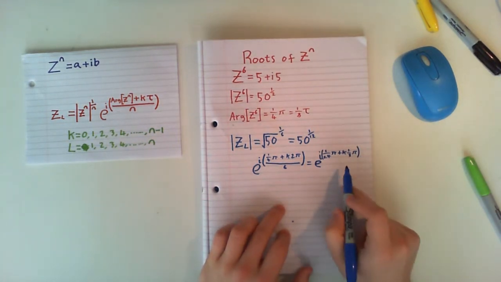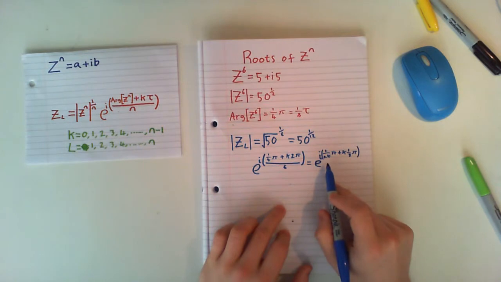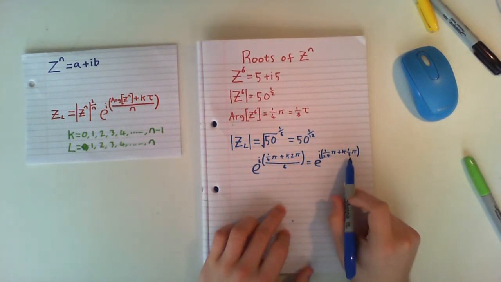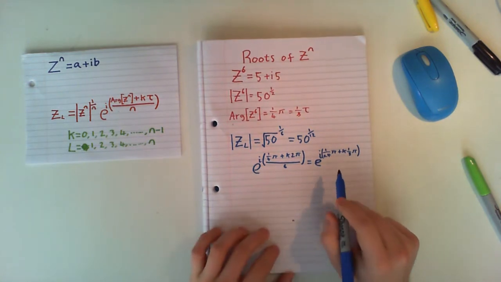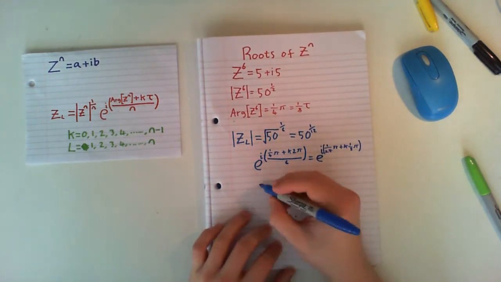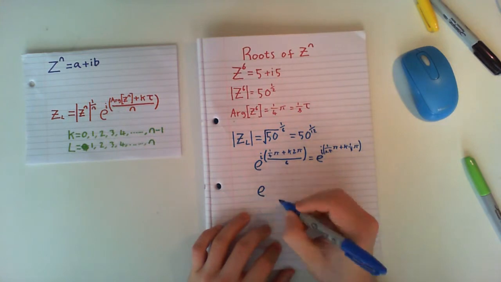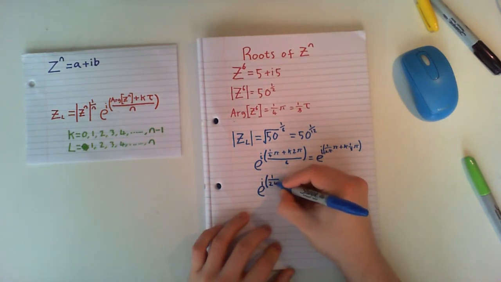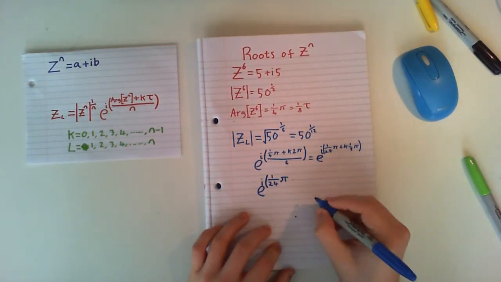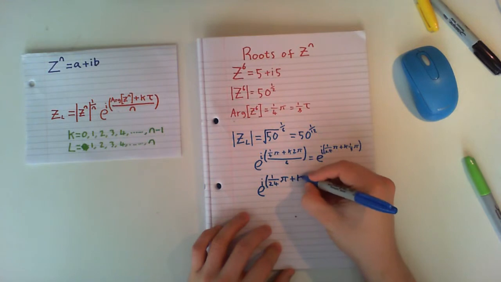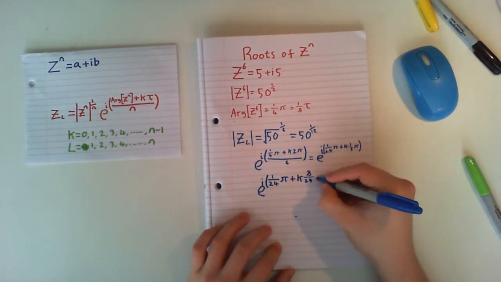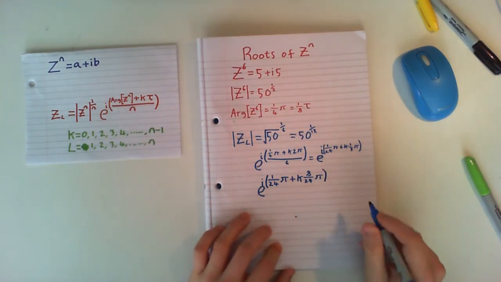Now that doesn't make life very easy, because we've got a 1/24 and 1/3. So what we might want to do here is to multiply both the top and the bottom by 8, so that the e part to this is going to be e to the i, 1 over 24 pi plus k 8 over 24 pi.